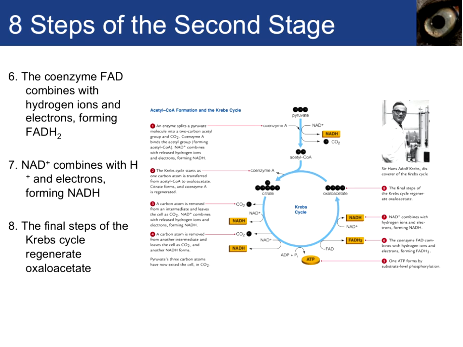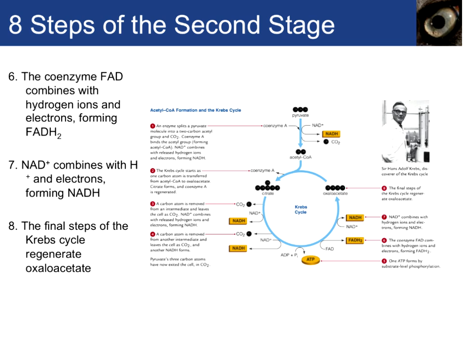So at this point, the coenzyme FAD combines with hydrogen ions and electrons, and it forms the high energy molecule FADH2. Next, NAD plus combines with hydrogen and electrons and forms more NADH. And in the final steps of the Krebs cycle, oxaloacetate is regenerated from another round to combine back with the acetyl-CoA.